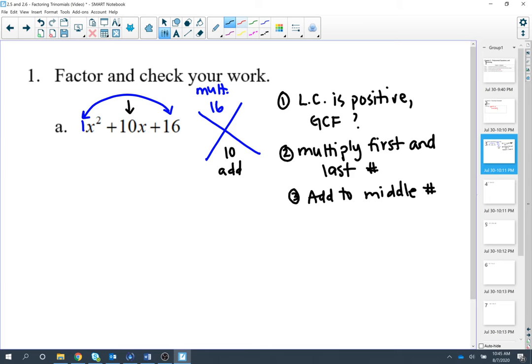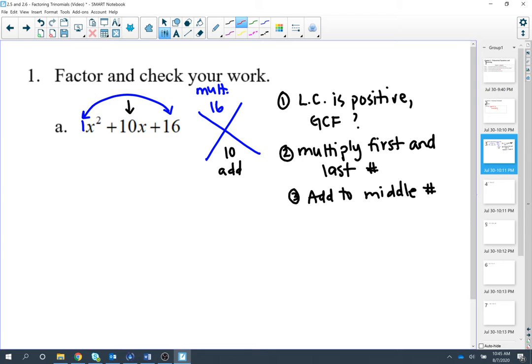Now at this point in time, we're going to play a little game of what's called guess and check. Some of you really like this and some of you really hate this, and I apologize, but really this is just a game of guess and check. So over here on our sides, you need to give me two numbers that will multiply to 16 but add to 10.